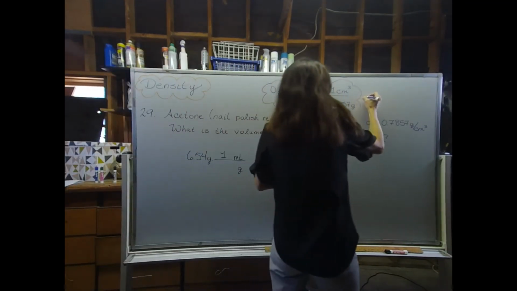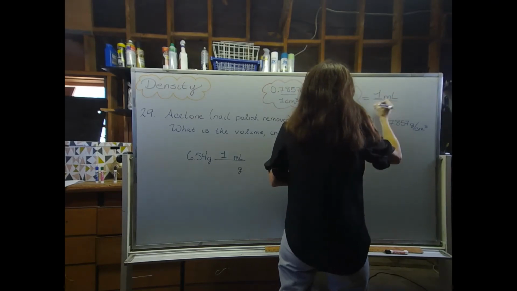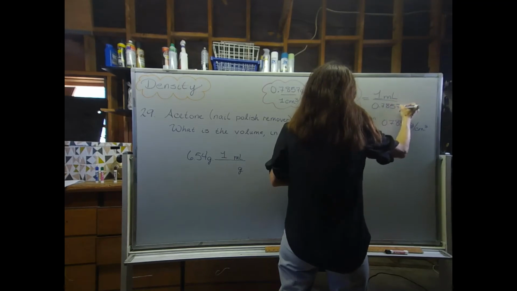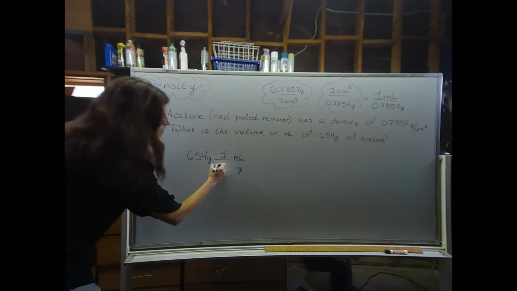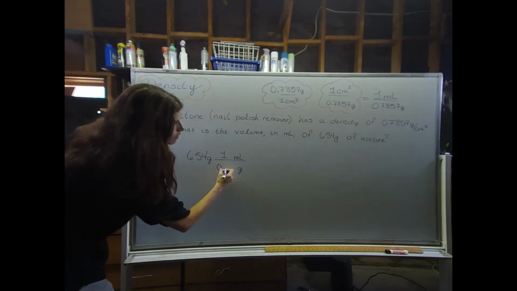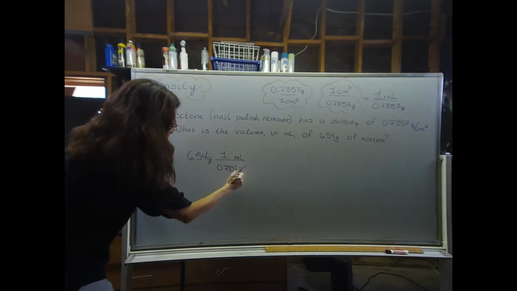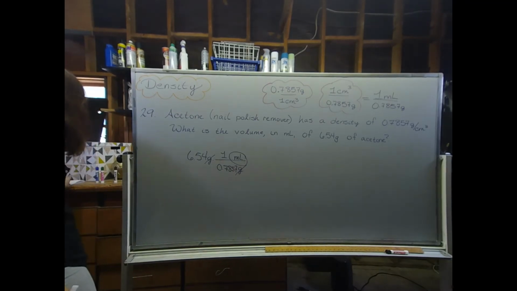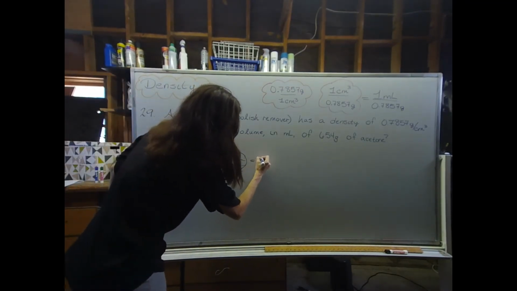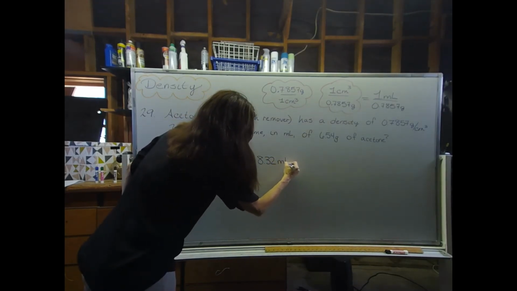So this right here is equal to 1 milliliter divided by 0.7857 grams. So I kind of just did that in my head, and that's perfectly fine. I don't need to see the work on that. So grams will cancel grams, leaving us with milliliters. And so the answer here is 8.32 milliliters.